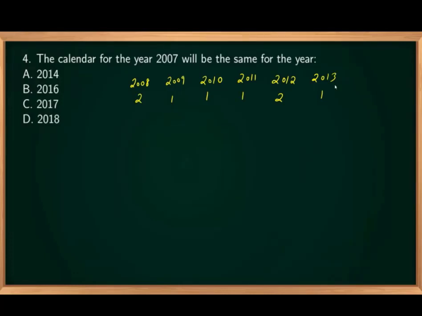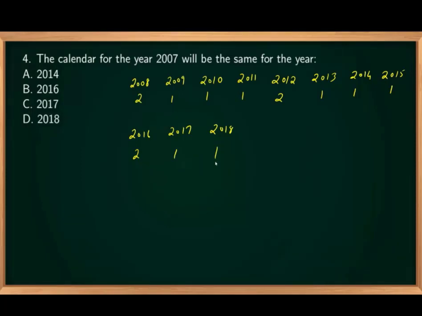It has been asked up to 2018, so we can just write up to that. 2014, 1 odd day. 2015, 1 odd day. 2016, 2 odd days. 2017, 1 odd day. 2018, 1 odd day. We have to find the sum which is equal to 7 or a multiple of 7. The answer will be that year.